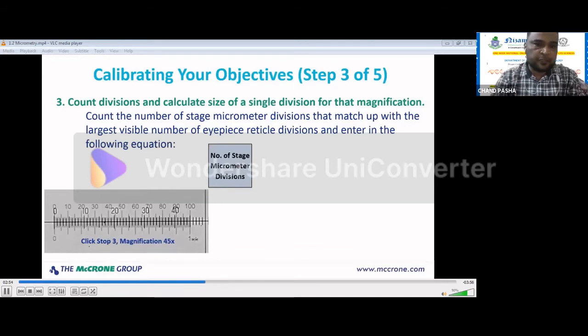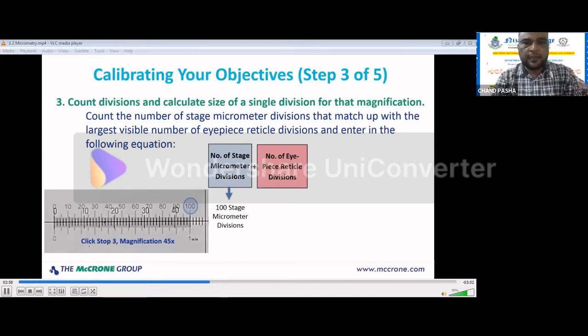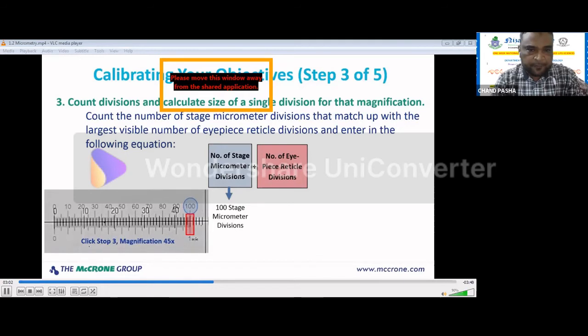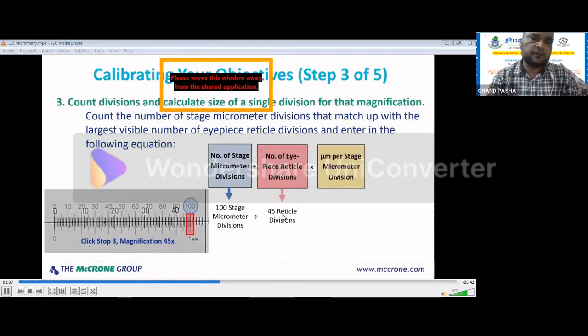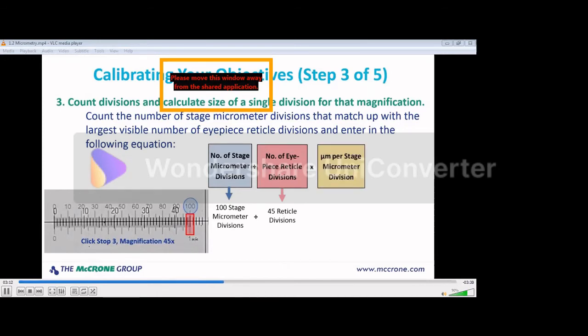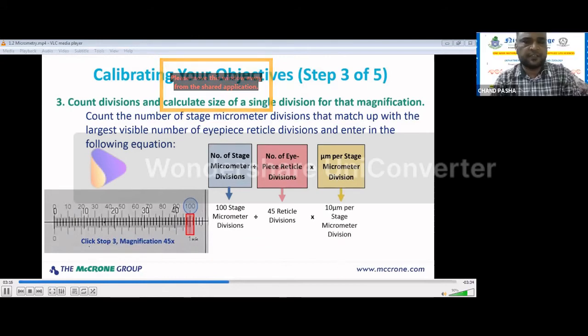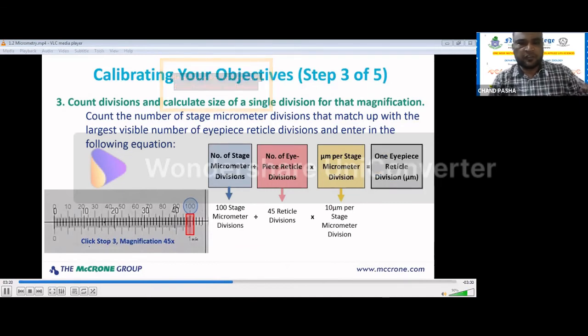The number of stage micrometer divisions here is 100, and you can see the number of eyepiece, that is ocular meter, divisions it is occupying. It is 45 divisions. Each stage micrometer division measures 10 microns, that we have seen.